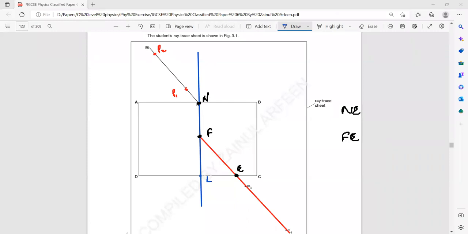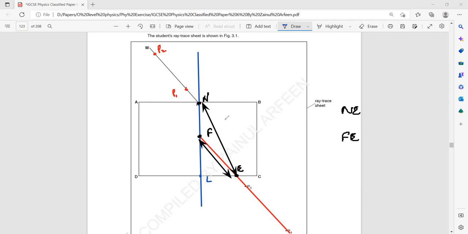But you will write what you get. So 6.4, some are getting 6.4. What about others? I got 2.6. You have to measure this length from N to E, this one, and then from E to F. Can you check again?